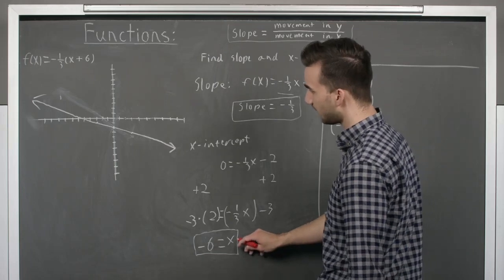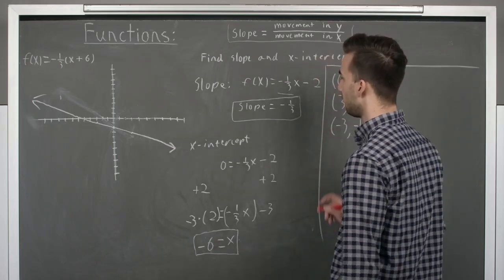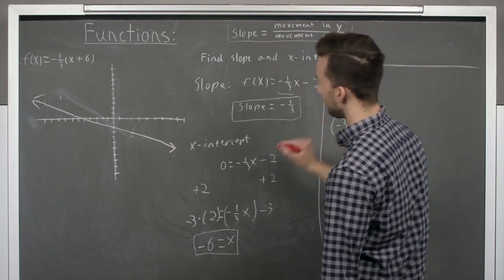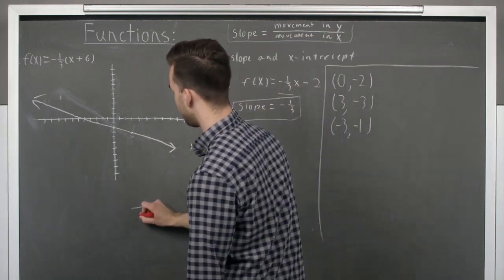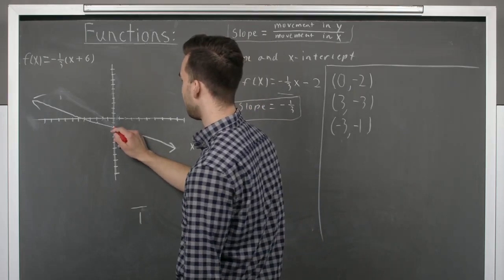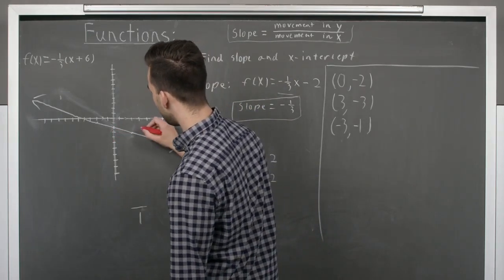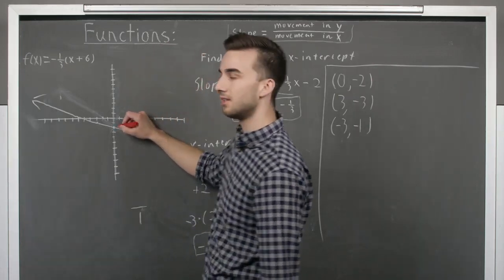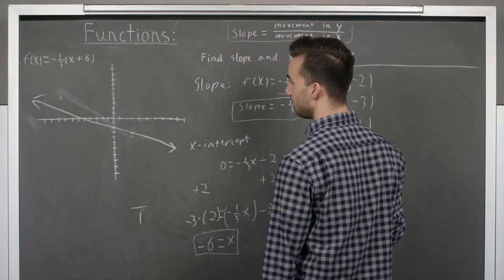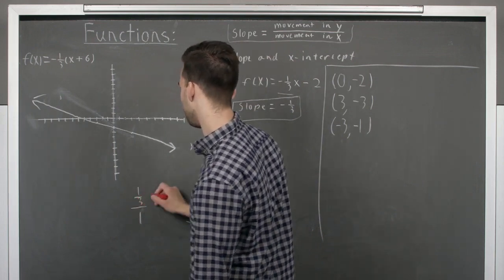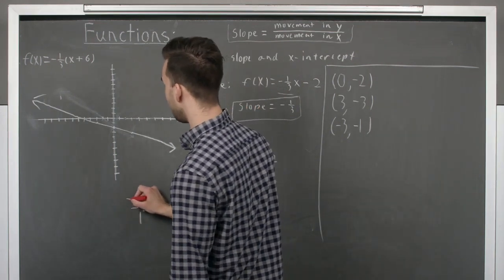So we know this is correct, and our slope, let's try this: for every 1 unit in the x direction, how many y does it go up or down? Well, it goes down very little, so it could be 1/3. And 1/3 over 1, and it goes down.